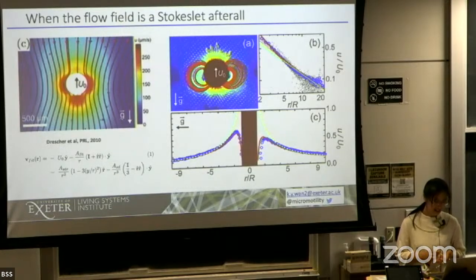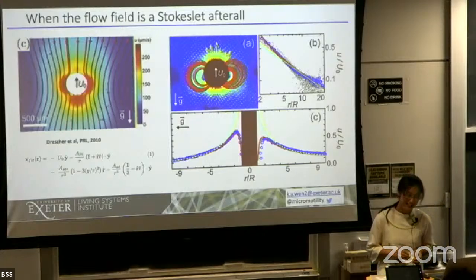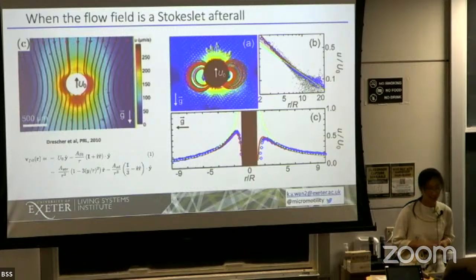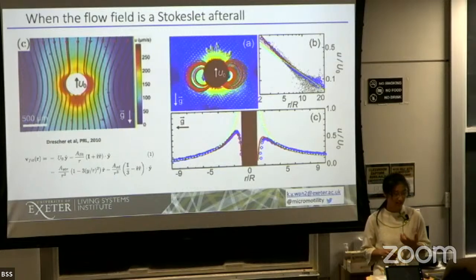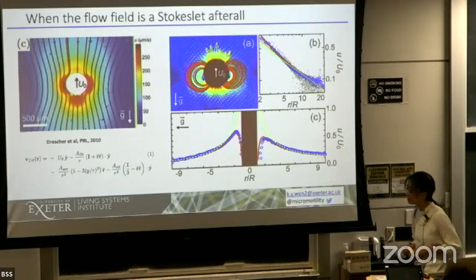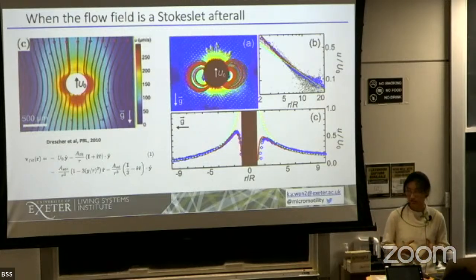And then the other situation where you're able to associate a Stokeslet term to the far field is when you have a swimmer large enough which actually sediments by gravity. In this case, what's pictured here, again in the same study, is this fairly large colonial alga called Volvox.